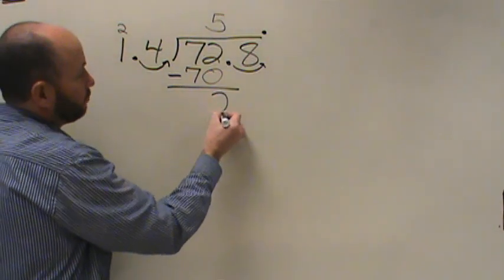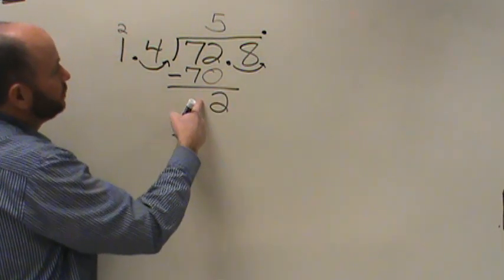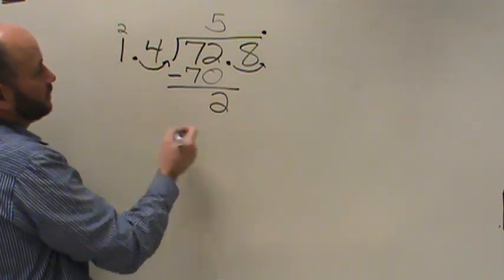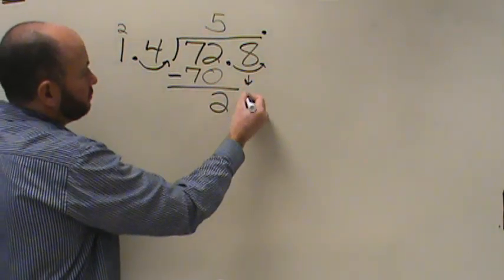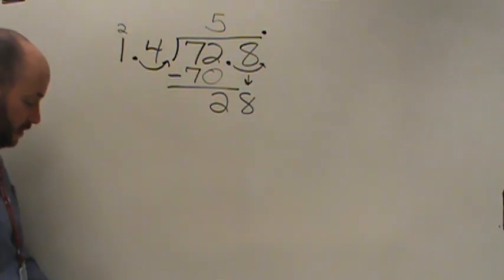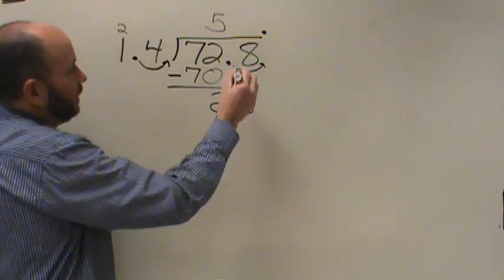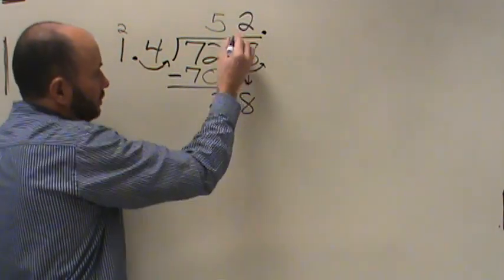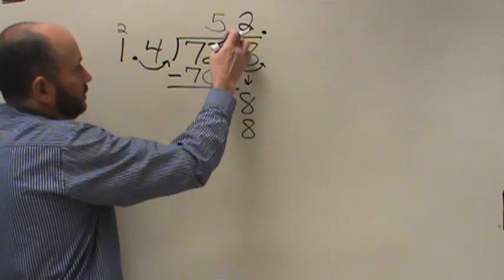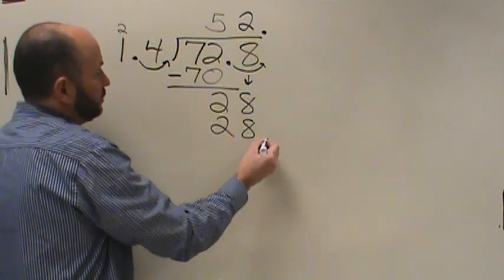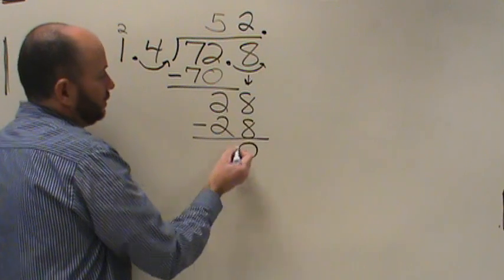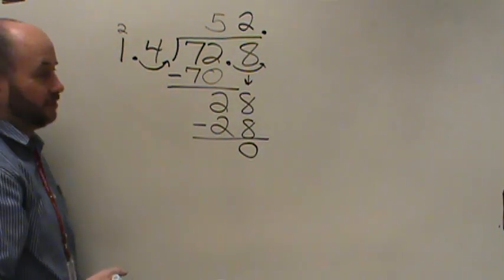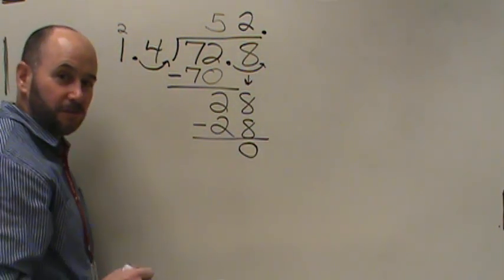Subtract. Partial remainder of 2 is good compared to 14. Bring down your 8. 14 into 28 will go twice. 2 times 4 is 8. 2 times 1 is 2. Subtract, and you end up with 0. And that's how you do these problems.